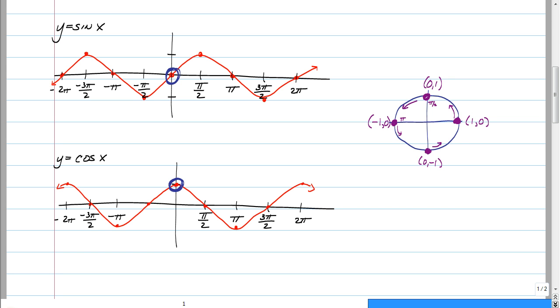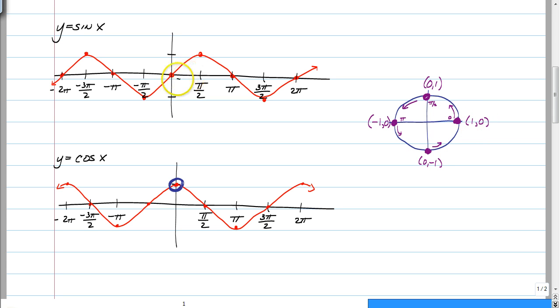Now, the other thing is, notice what our x and y values represent again. So, to look at the first one, sine, the value for sine is the y value. So, at 0 radians, we have a y value of 0.